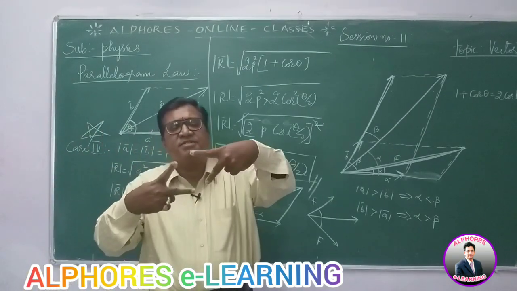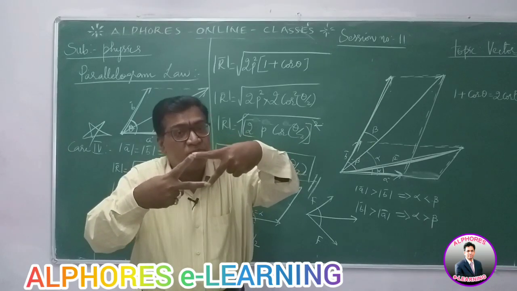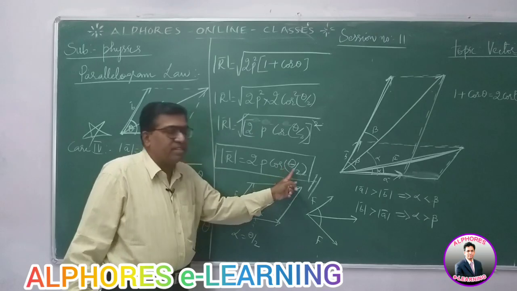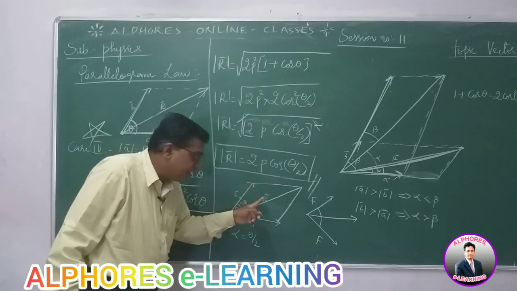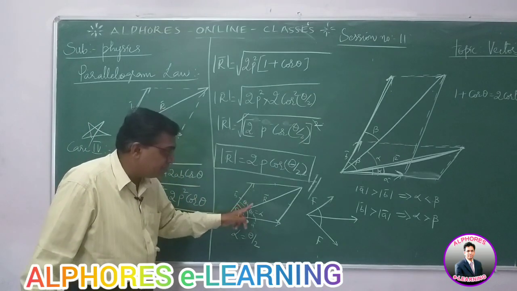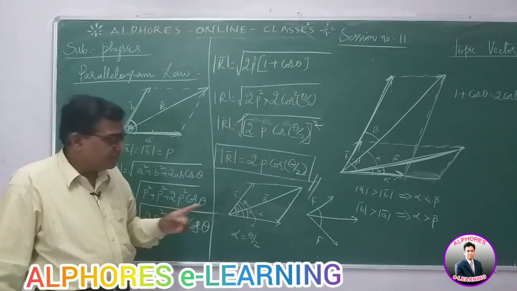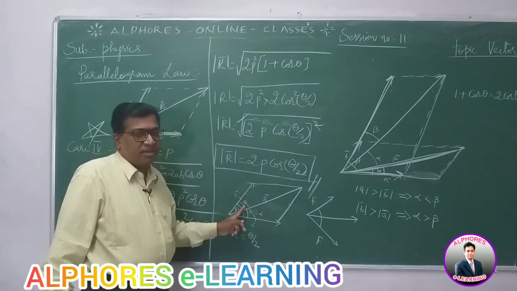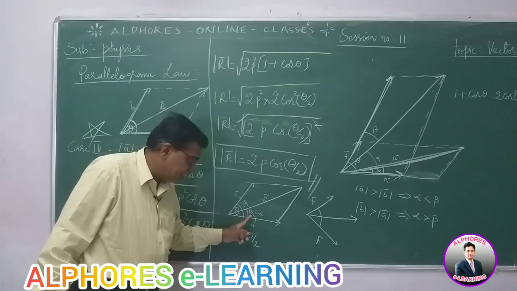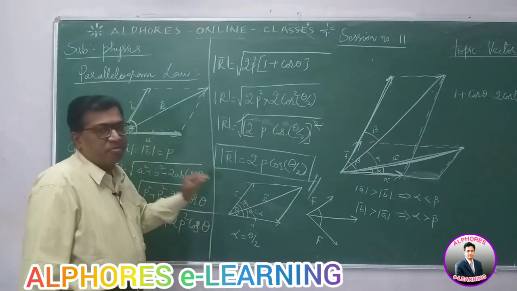If two vectors of the same magnitude are represented like this, then the parallelogram becomes a rhombus. Then the resultant magnitude is 2P cos theta by 2, and the resultant's direction will be the angular bisector of the angle between the vectors. So it is theta by 2, theta by 2. The magnitude is 2P cos theta by 2 and the direction is theta by 2, theta by 2. Very important case, please do remember this.